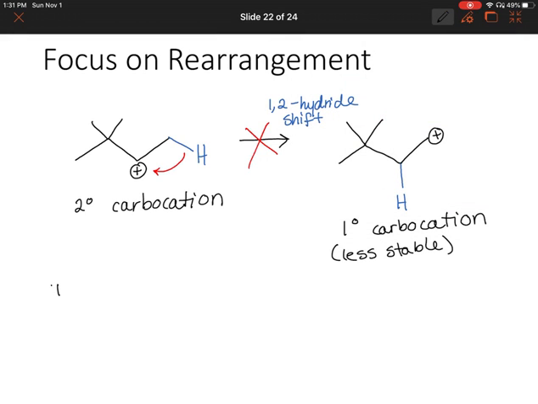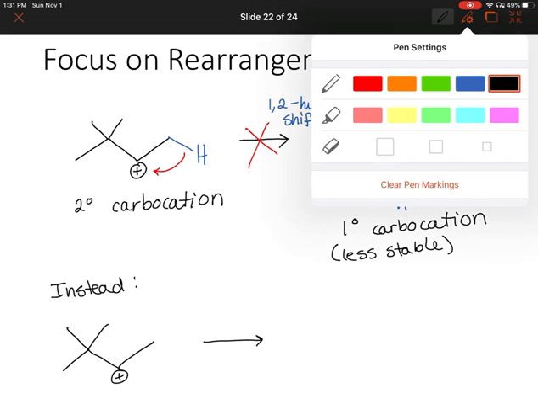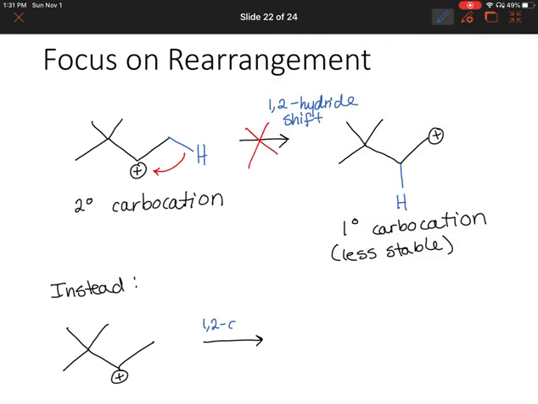Instead, let's move one of the methyl groups. So that is also a possibility. We call this a 1,2 alkyl shift. So we're moving an alkyl group, which is really just a methyl or an ethyl or propyl or whatever, but typically it's a methyl group. So we can move one of these methyl groups over.